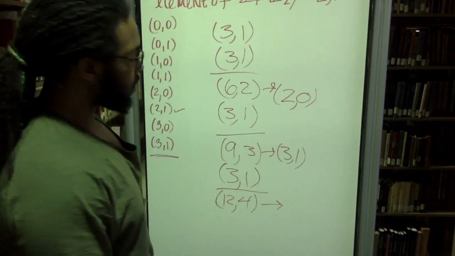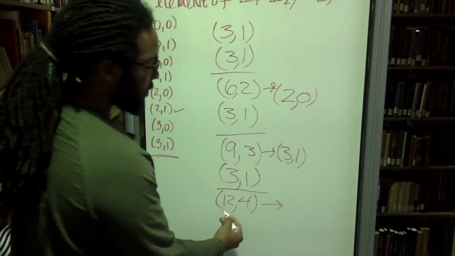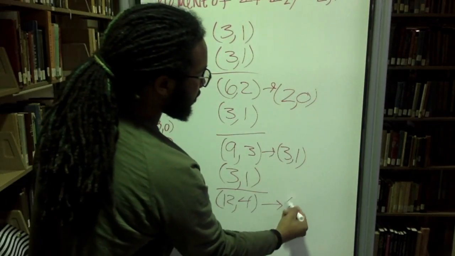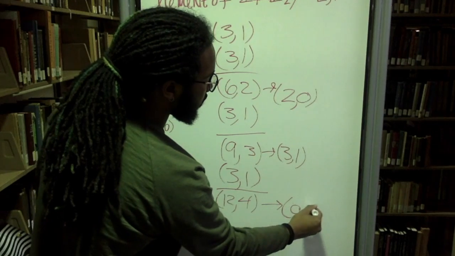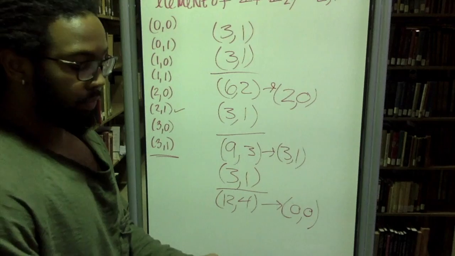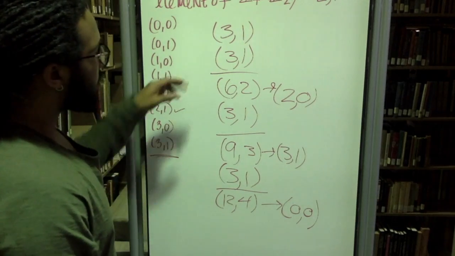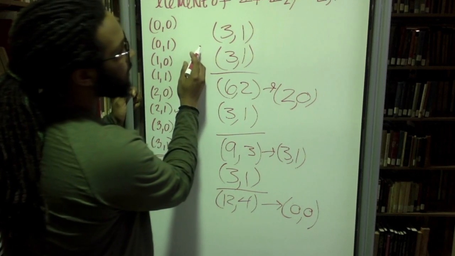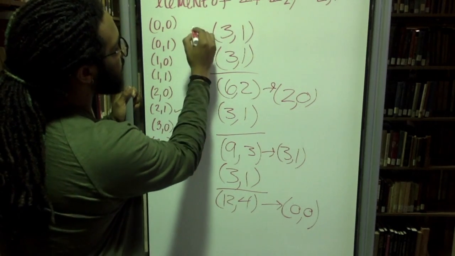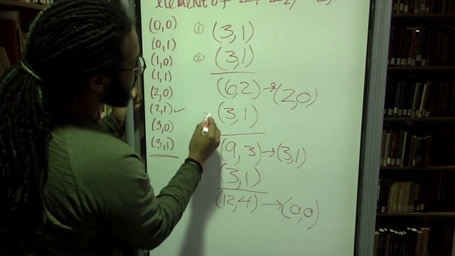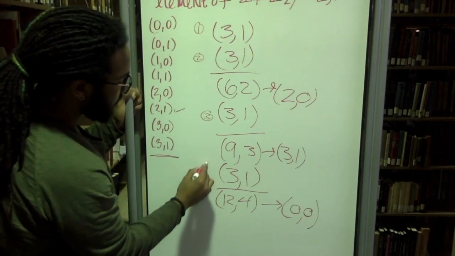When we translate (12, 4) in order to fit into Z4 cross Z2, we get back (0, 0). (0, 0) is the identity element. So (3, 1) has an order of, let's count, 1, 2, 3, 4.